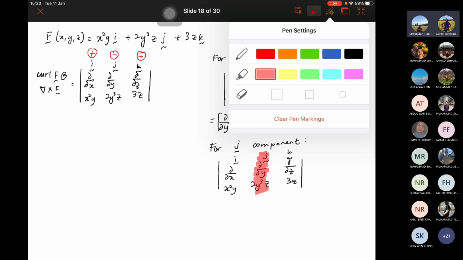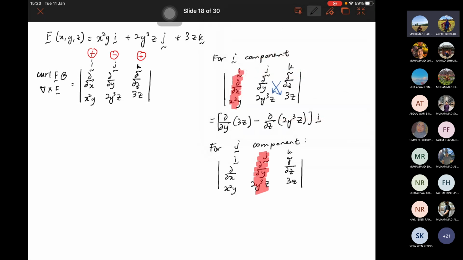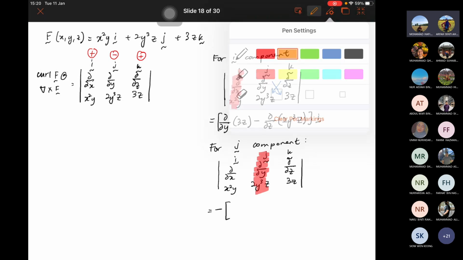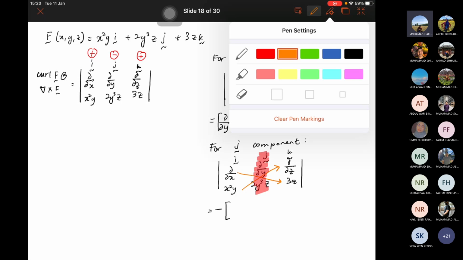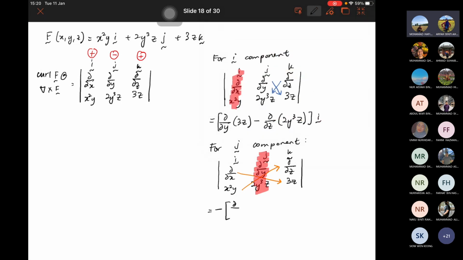And then dia akan jadi plus, minus sign. Sama dengan negative of having the cross product for this one. Okay. Delta over delta x of 3z minus of x squared y. This is for j. So teruskan untuk k component, what are you going to have?